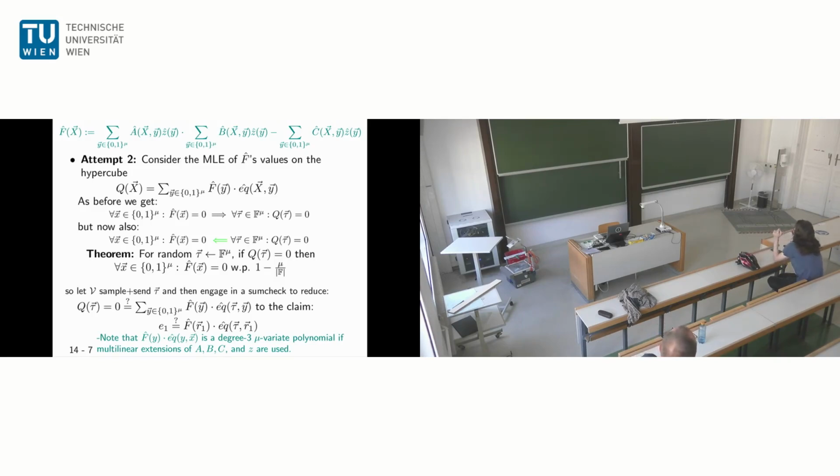Look at the construction. So here f is the product of some multilinear polynomials. Then you increase the individual degree by 1. And then you multiply it with this equality polynomial, which also has individual degree 1. So you end up with something that has individual degree 3.